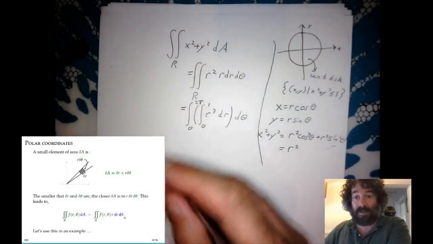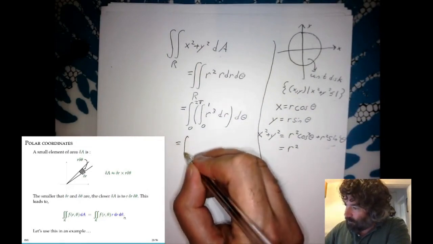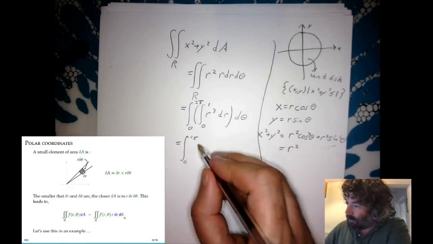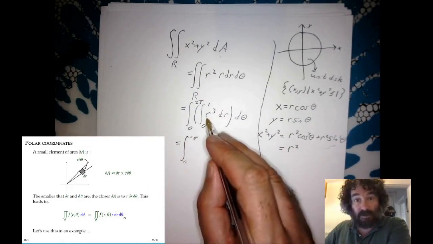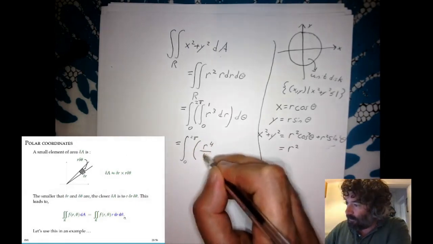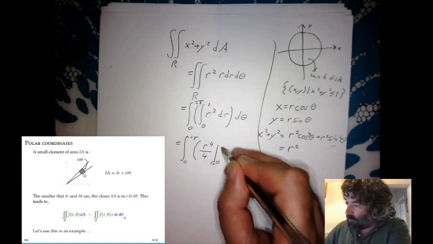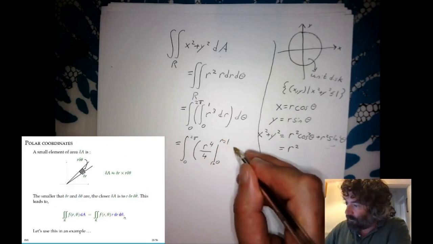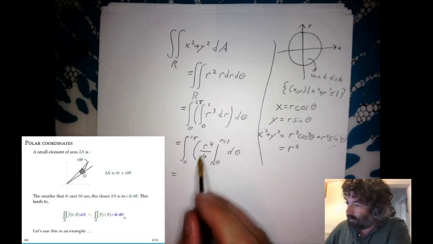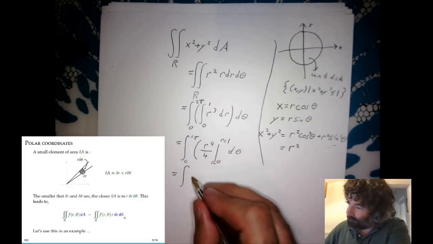Okay, and so now it's simply some one-dimensional integrals that we know how to do. We have the integral from 0 to 2 pi, and then we take the indefinite integral of r cubed, which is r to the 4th divided by 4, evaluated from r equals 0 to r equals 1, d theta. And when we plug in r equals 1, we get 1/4.